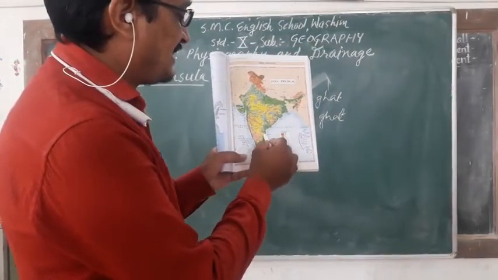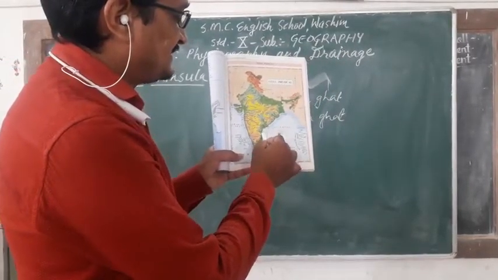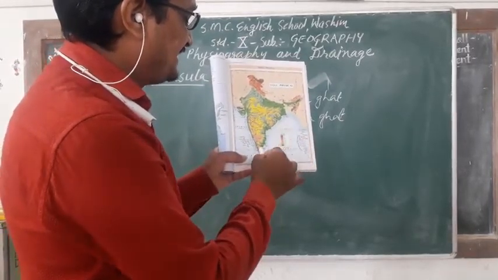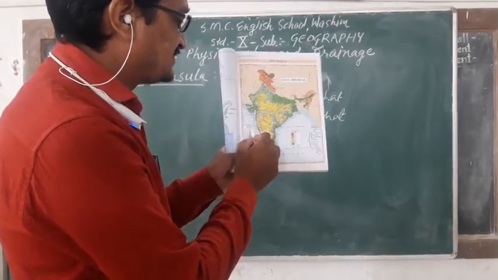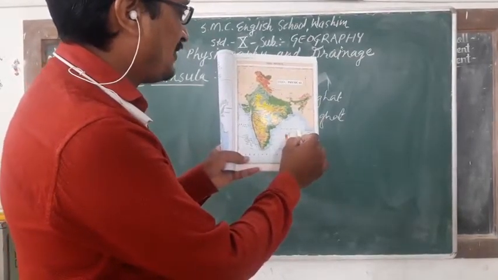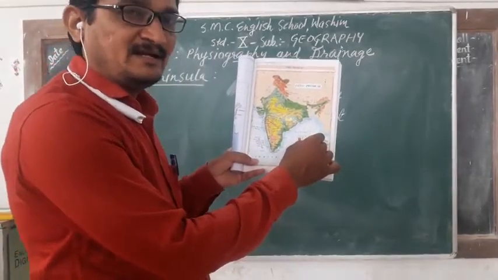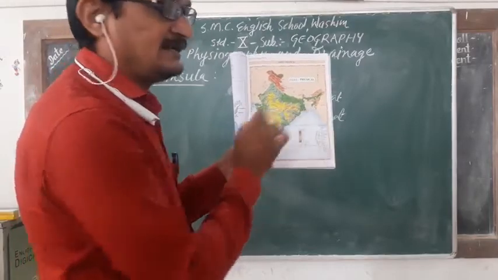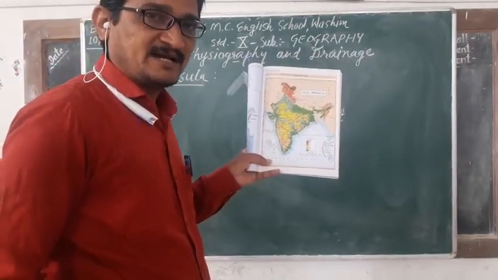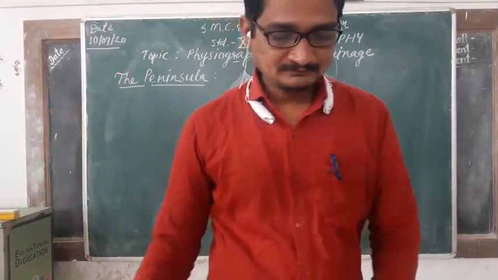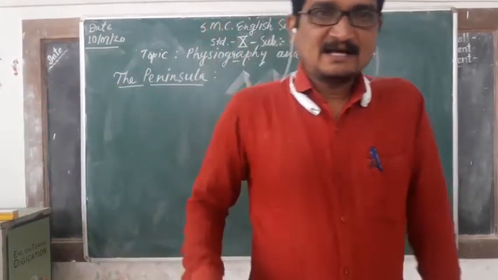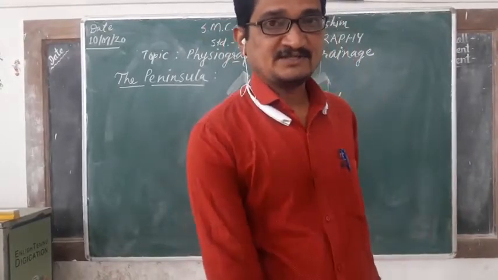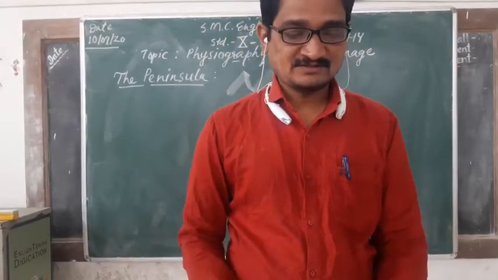Then this is the Eastern Ghats, and that tapering side, surrounded by the Arabian Sea and the Bay of Bengal, is called the Indian Peninsula. Understand? Note down. So these are the hilly ranges situated along these central regions.